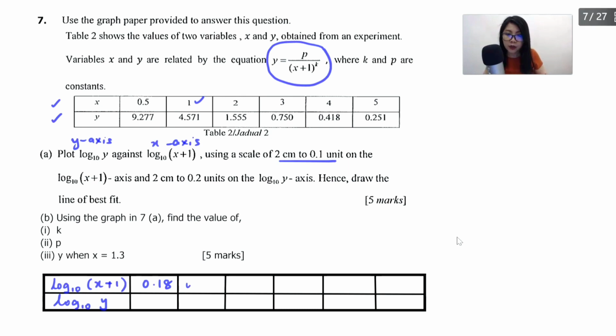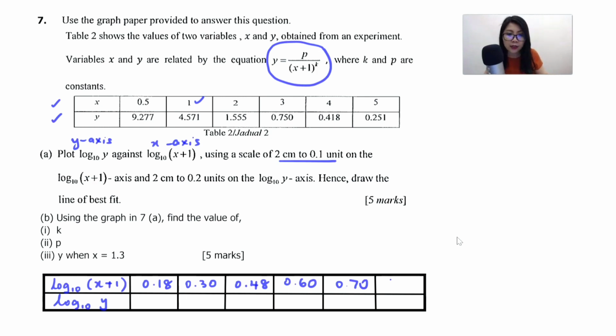Then 2 plus 1 is 3, so log 3 is 0.48. Then 3 plus 1 is 4, so log 4 is 0.60. Then 4 plus 1 is 5, so log 5 is 0.698, so 0.70. Then 5 plus 1 is 6, so log 6 is 0.78.